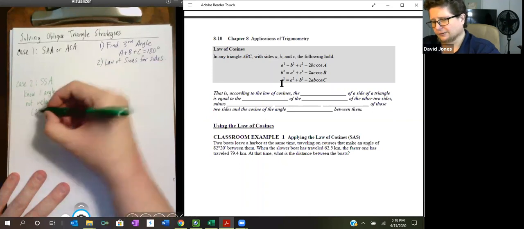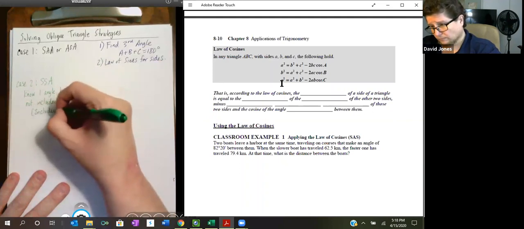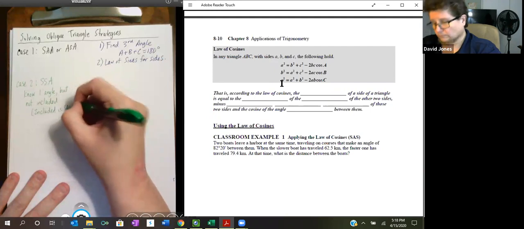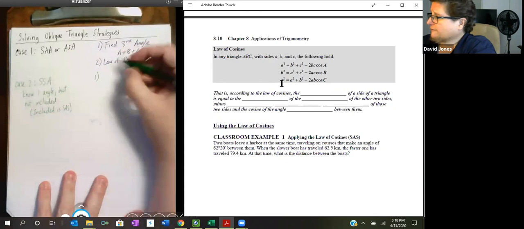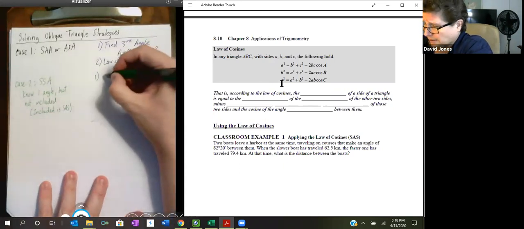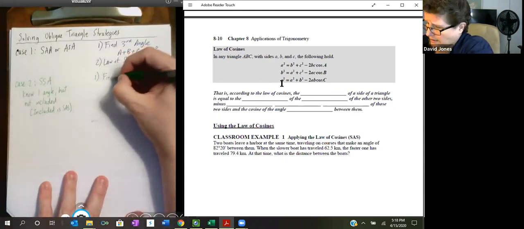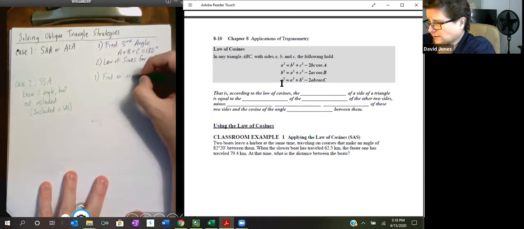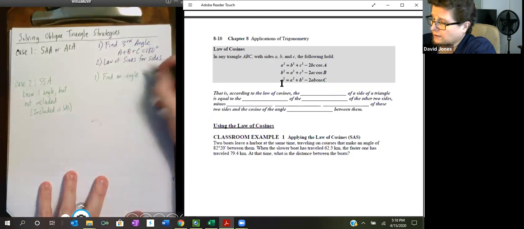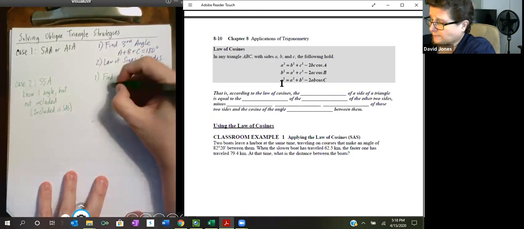Included is side angle side. What did we do here? So we had to find an angle with law of sines.